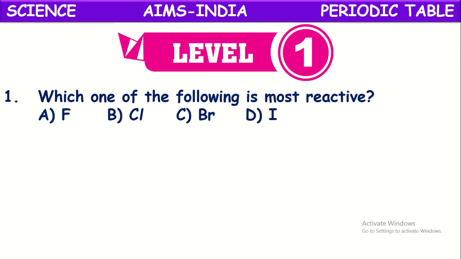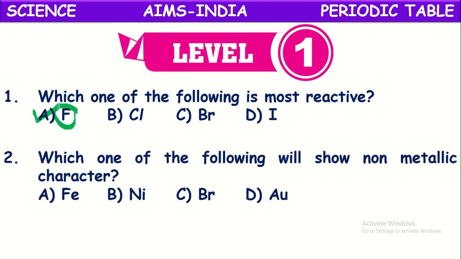These all belong to the same group, the halogen group, the seventh A group, isn't it? Out of these, fluorine is the element with the highest electronegativity. Being a small sized atom with the highest electronegativity, fluorine will be the most reactive among these all.